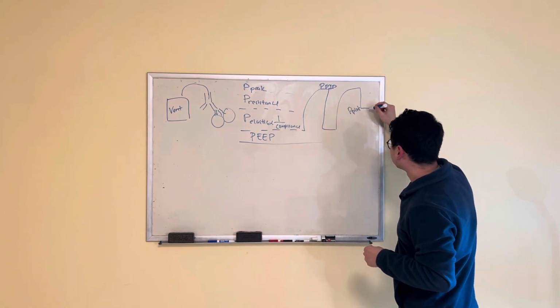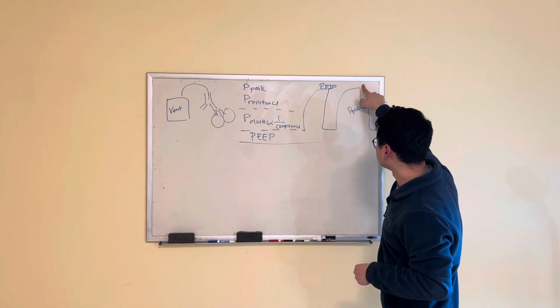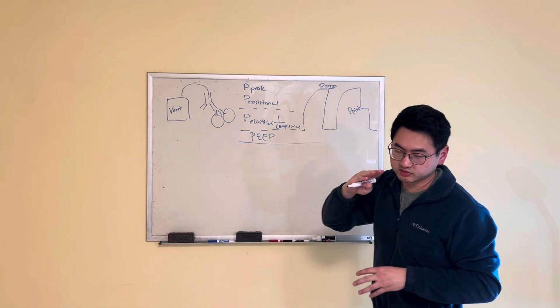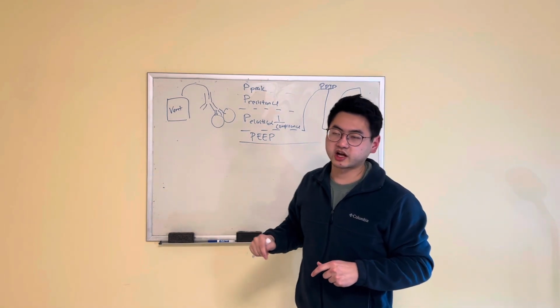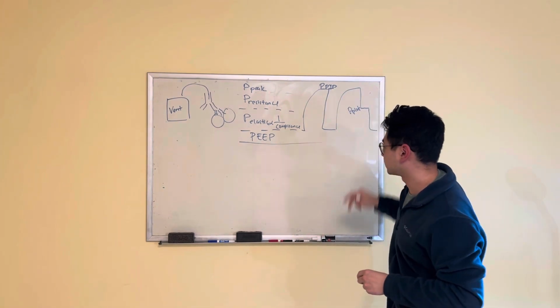Why is it called a plateau pressure? Because after you get maximum inspiration and you're doing the inspiratory hold, it's going to be a straight line of just enough pressure to open up the alveoli, and it looks like a plateau.